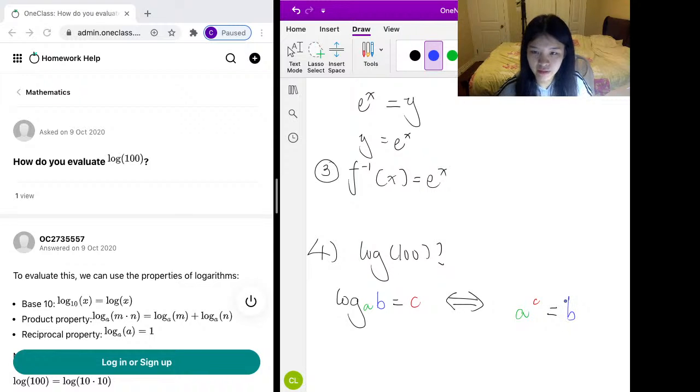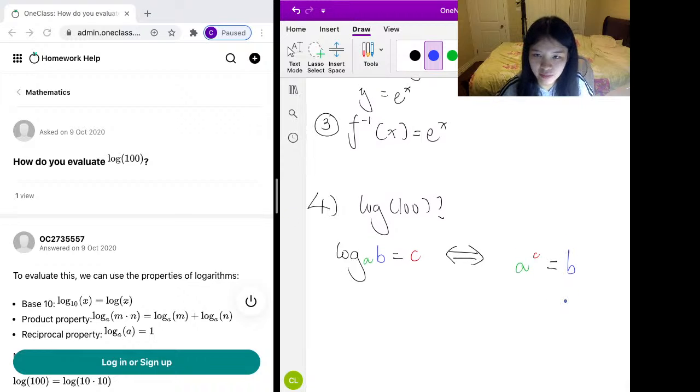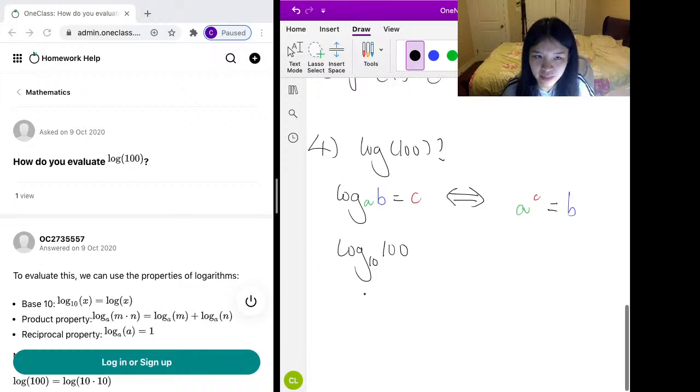So these two expressions are equivalent. In this case, we have the expression log 100. We know that when we just write log 100, it's implicitly assumed that the base a is equal to 10. So the question here is actually what is the value of log base 10 of 100, with a equal to 10 and b equal to 100.